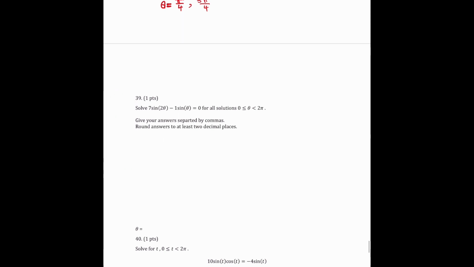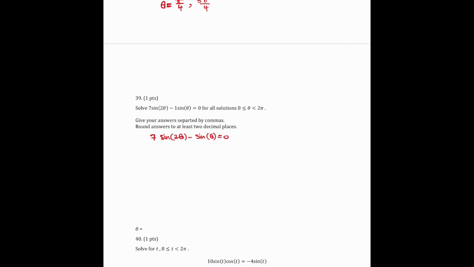Question number 39. I have 7 sine 2 theta minus sine theta equals 0. Now, I have sine 2 theta.